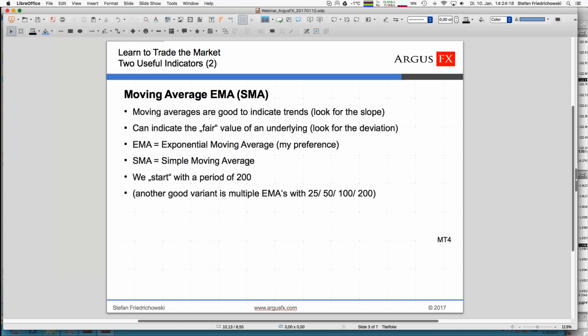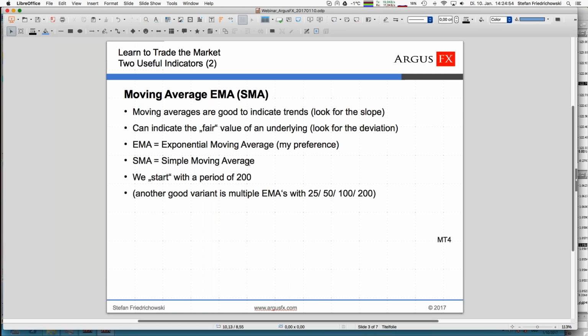And typically you use the close values of those candles, but in principle you can change even that. So you can apply the indicator to highs, to lows, to opens, to close values of candles. I will always use that indicator on close values. So if I have an SMA 20, it means take simply the average of the last 20 close prices, and that is the number you get as an SMA value for the period 20.